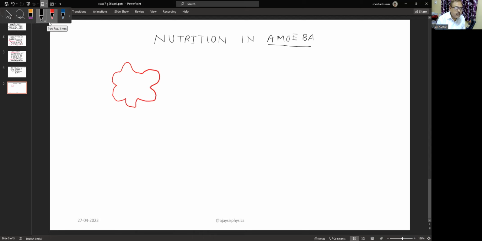You will see here where the nucleus is lying inside. Yes, you will also try to draw as I am drawing. This very black part is called nucleus.